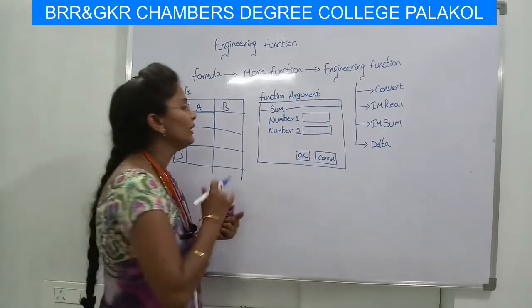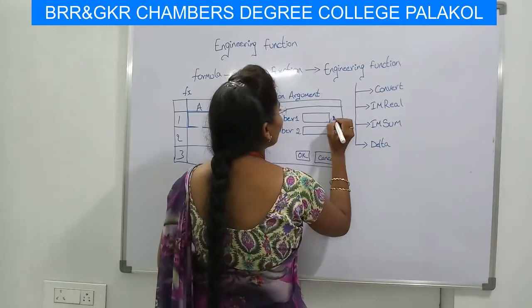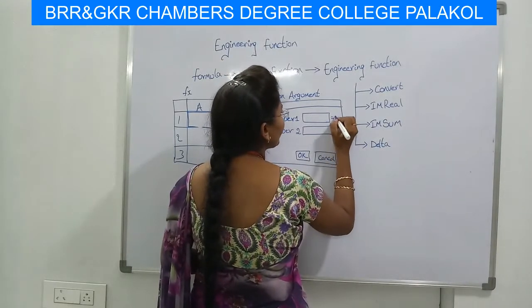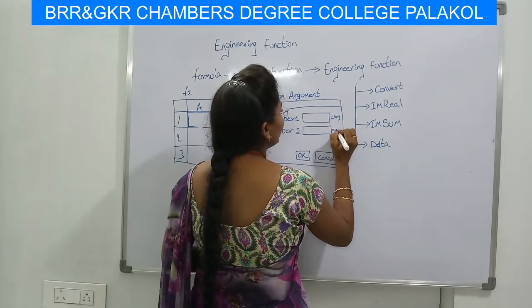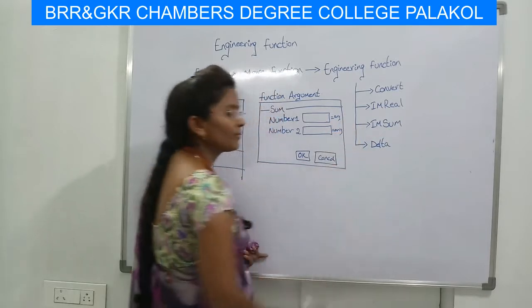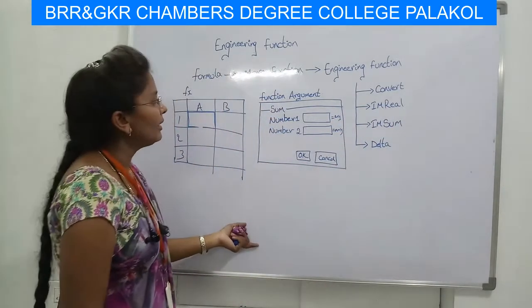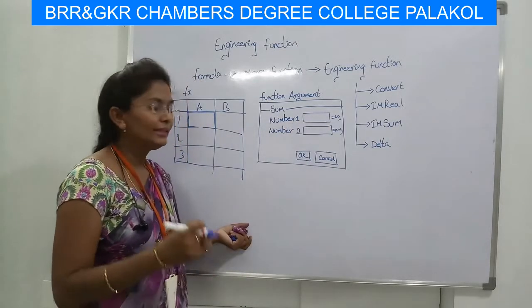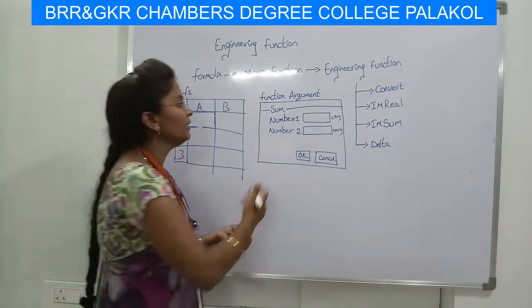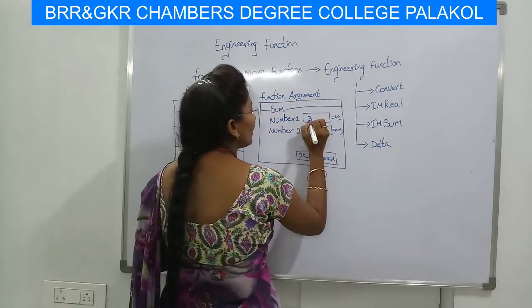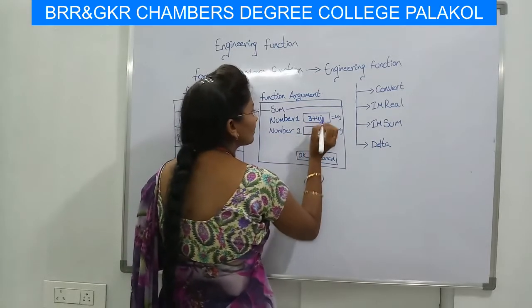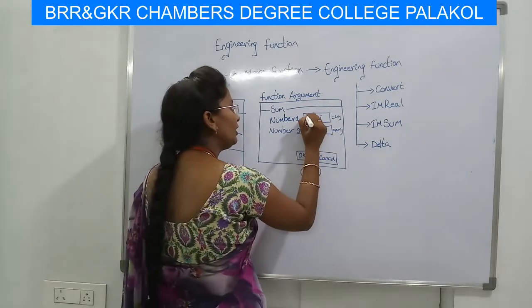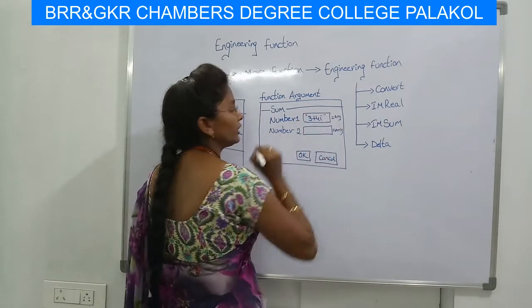I have to enter something in the number 1 and number 2 boxes. Here you can see NA for number 1 and number 2 also NA. In the number 1 box, I am entering a number like 3 plus 4i, and it will be taken in quotations.